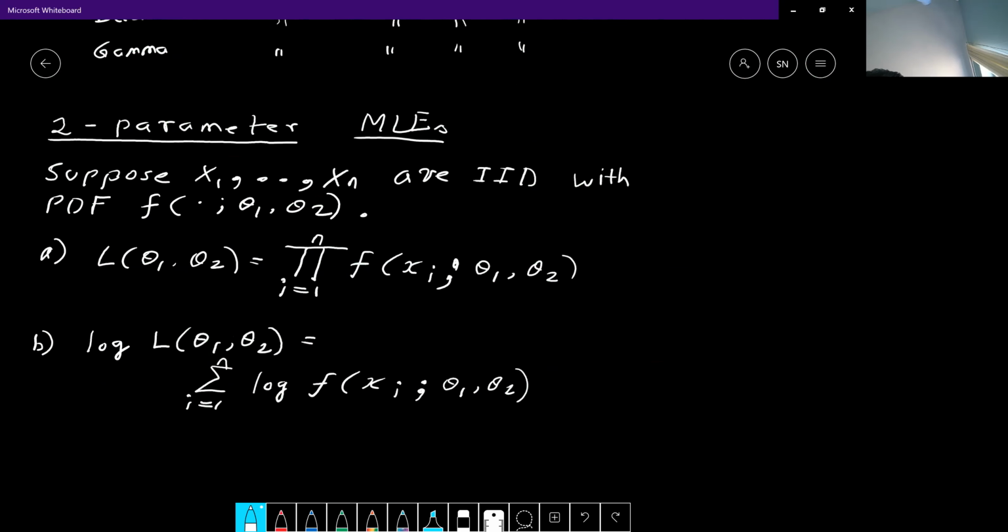And part C is, because you have two parameters, you need to do the partial derivatives, not ordinary derivatives but partial. I'm sure you guys know partial differentiation, right?